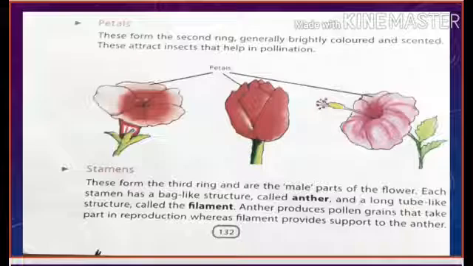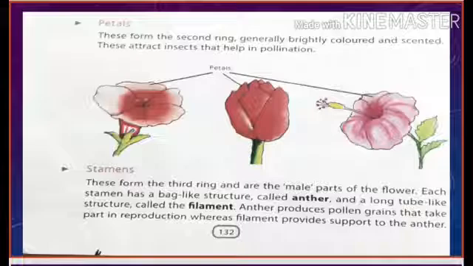Anther contains pollen grains which have the male cell to form the baby plant later. How these pollen grains are helpful in forming a baby plant, we will discuss during this e-video.